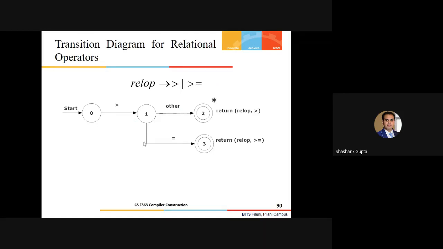The definition of this other is any alphabet apart from this equal to sign. Assuming we don't have anything else in the specification, for greater than equal to we have simply returned the lexeme greater than equal to. We do not need to read more, considering there is nothing more in our specifications here.